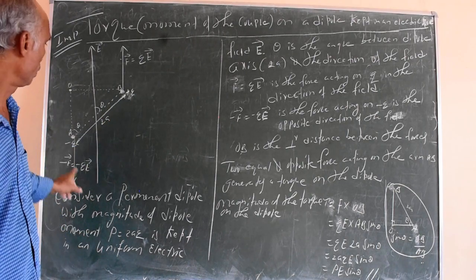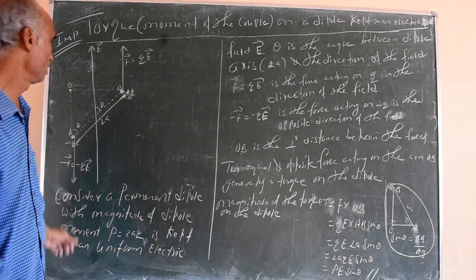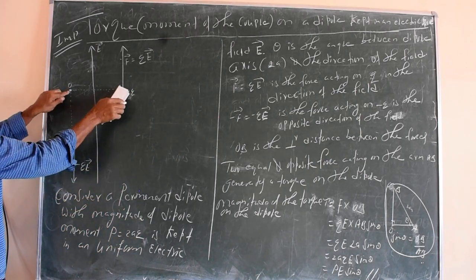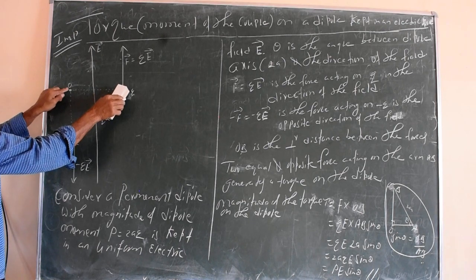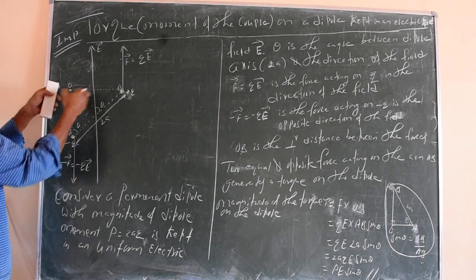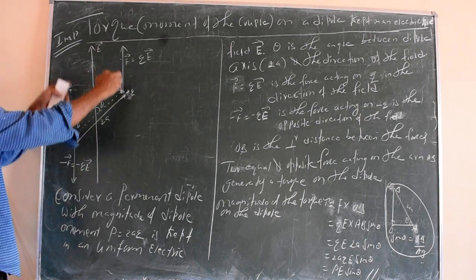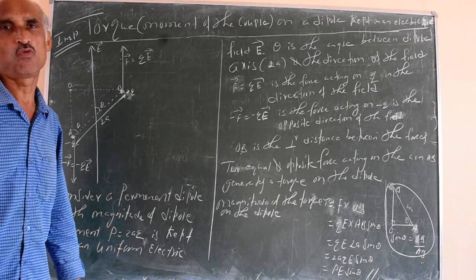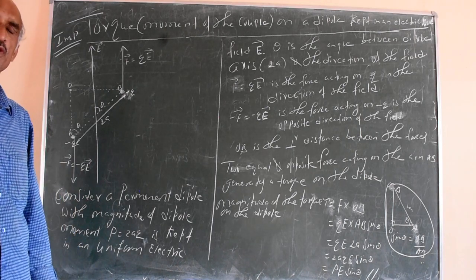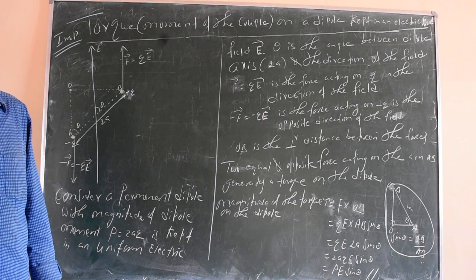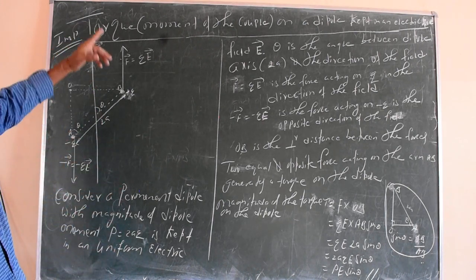These two forces are equal in magnitude and opposite in direction, and they are separated by a perpendicular distance, here OB, between the forces. If two forces equal in magnitude and opposite in direction, separated by a distance, act on a body, then the body will be rotated. That rotational effect itself is called torque.